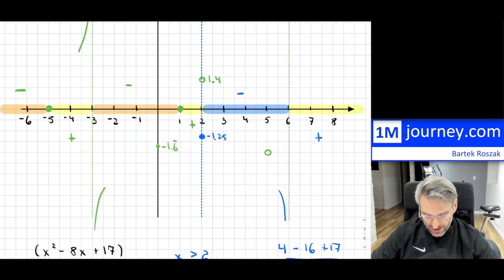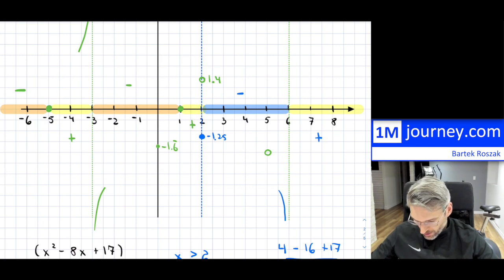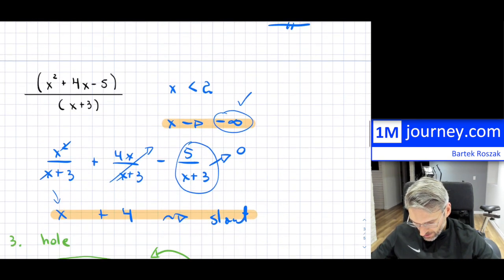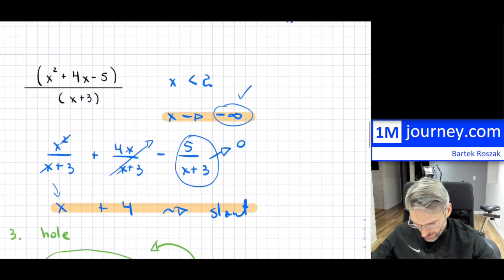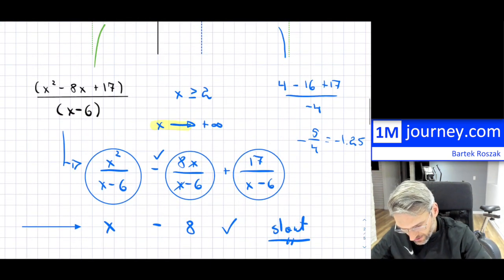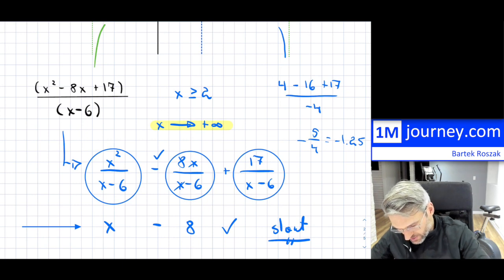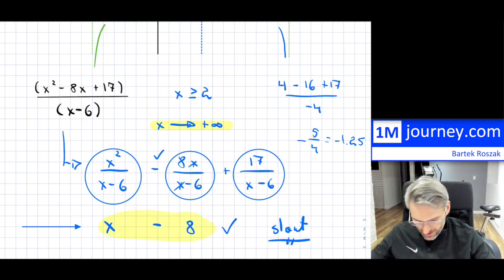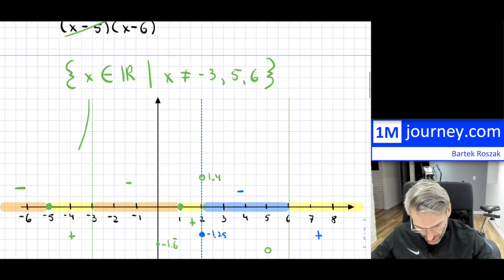All right, so it looks like it's above. If you remember, as our functions are approaching positive infinity, right here, we said that this is tending towards this slant on the positive side. So we kind of already knew that it was going to go positive.